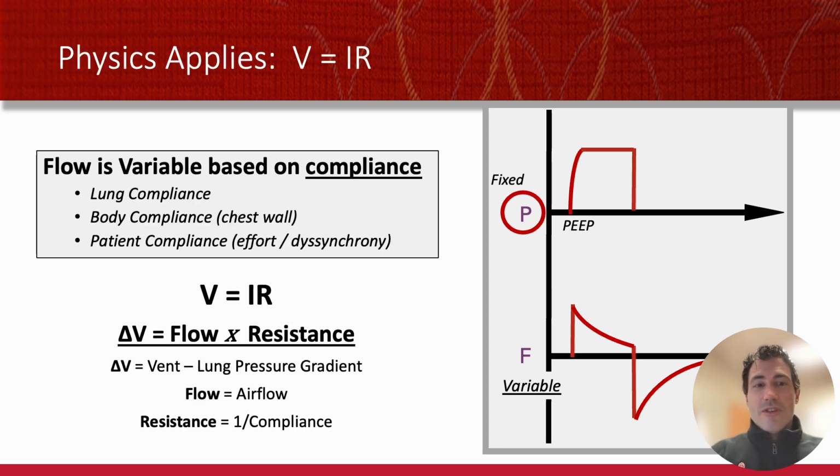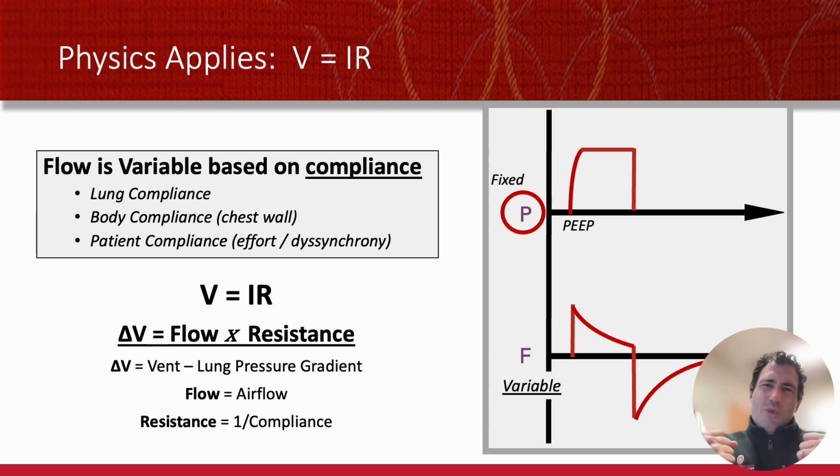In all these situations, the flow is variable, and it's always variable based on that old physics principle, V equals IR. And the sum of this is that it's variable based on the total compliance of the patient in front of you. And that's going to include the compliance of the lung, which we always think about when we're treating somebody that needs a ventilator. But it's also the compliance of the chest wall and of the body and of the patient.